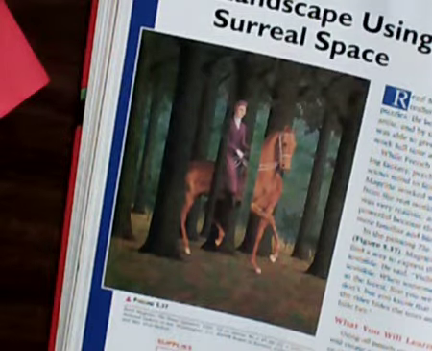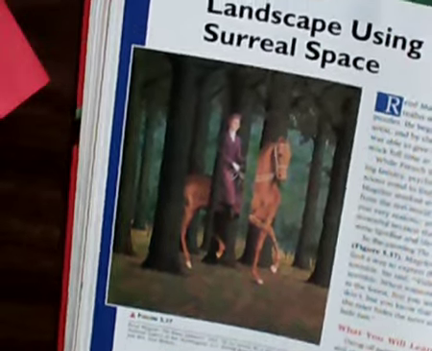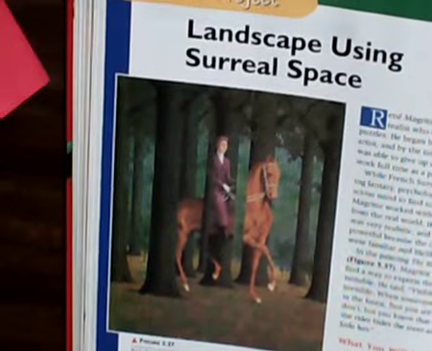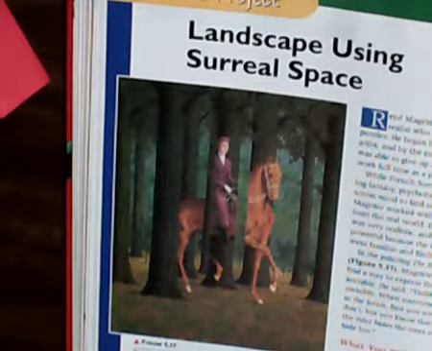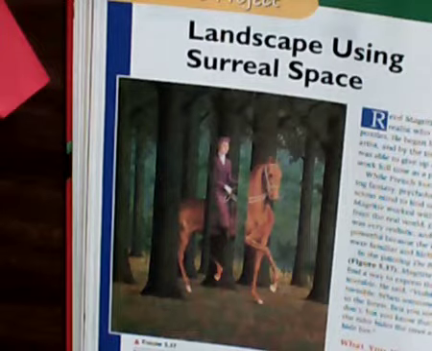Okay, so the element of art that is messed up here is space. All right, because we have something called positive space and something called negative space. And positive space is what?